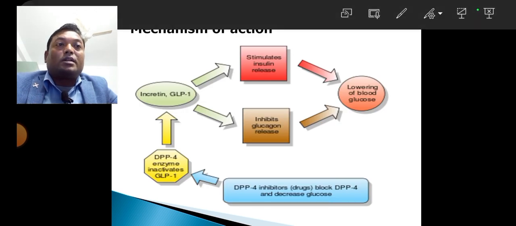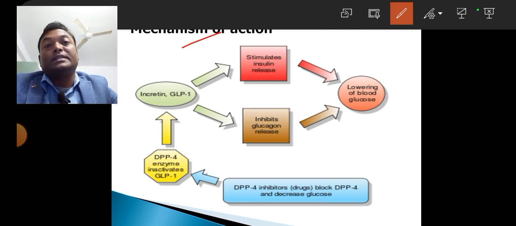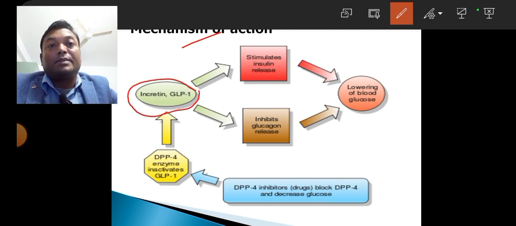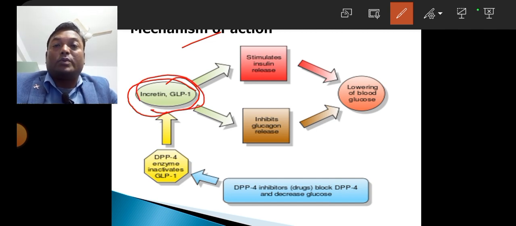If you talk about the mechanism of action of DPP4 inhibitors, DPP4 is an enzyme. When you take carbohydrate food or glucose, any food, anybody who takes food or any glucose-like material into the body, the intestine releases the incretin hormone called GLP-1.